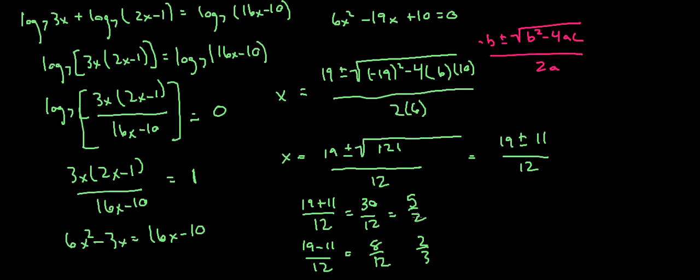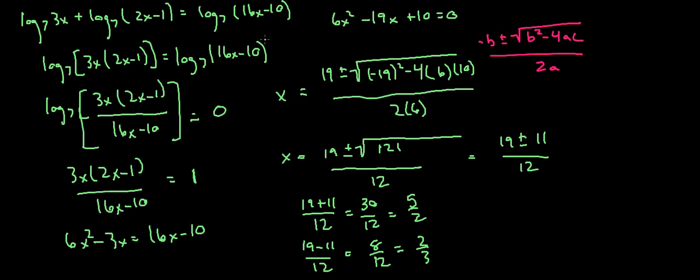Now all that remains is to check and see if these in any way mess up the domain. So I'm just going to check the smaller number, 2 over 3. 2 over 3 here, that'd be positive. 2 over 3 here, that is greater than 1, so that's positive. And 2 over here, that's definitely positive.